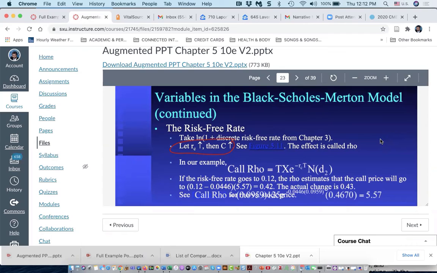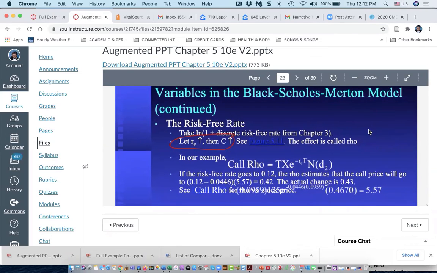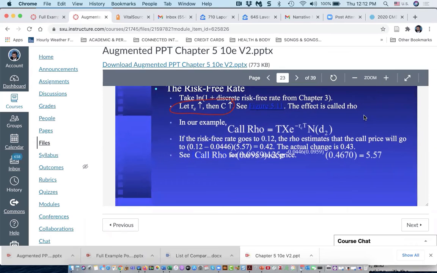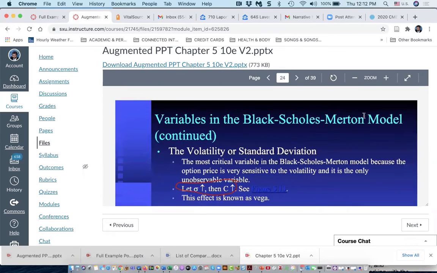So the demand for borrowing and buying will be less, and the demand for buying an option will be higher. So you see, as RC goes up, demand for call option goes up, therefore it goes up. And that is known as rho.